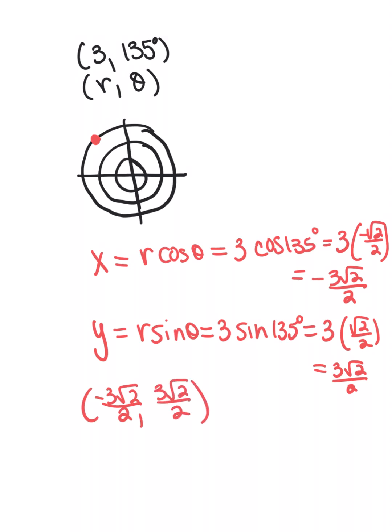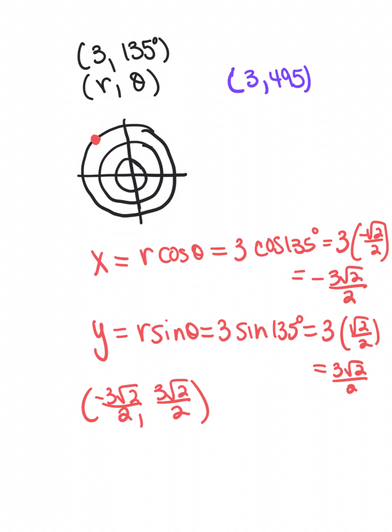So the easiest way to get another point is basically to just find another angle coterminal to 135. So if I do 135 plus 360, that gives me 495. So another way to write the same point would be to keep your radius the same, which is 3, and then 495, which means it just goes around one time, but it comes back to the same point.